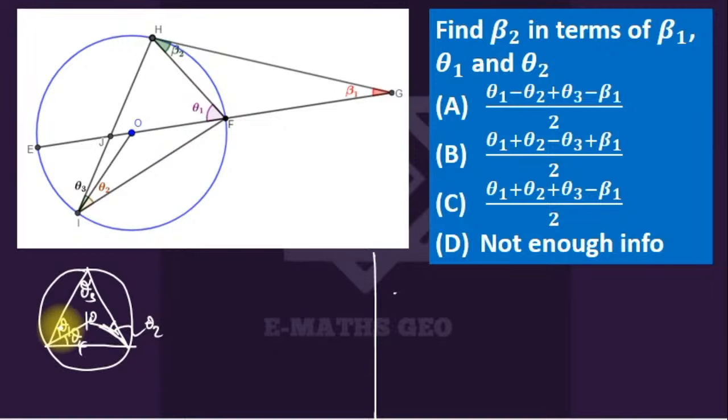So we should know that theta 1 plus theta 2 is equal to theta 3, as long as this is the center. Why is this so?